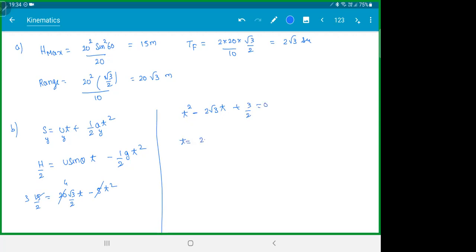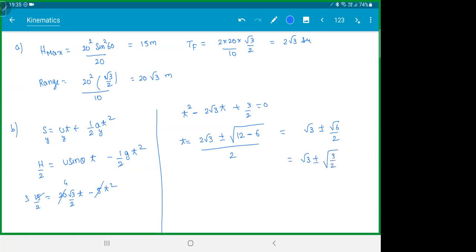So t is equal to 2 root 3 plus or minus root of b square, that is 4 3s are 12, minus 4ac, 1a is 1 and this is 2, 4 3 12, so 6 by 2. So that will be root 3 plus or minus root 6 by 2. So that would be root 3 plus or minus root over 3 by 2.